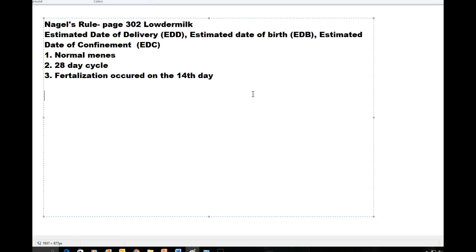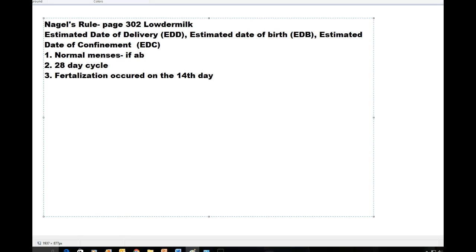So you guys, there's a couple of things that we have to have in order for this calculation to work. Number one, you have to have normal menses. That was spelled incorrectly. You have to have normal menses. If you do not, if abnormal menses, meaning they don't come every 28 days, say for instance they come every month and a half, every 3 months, you may not have one for 6 months.